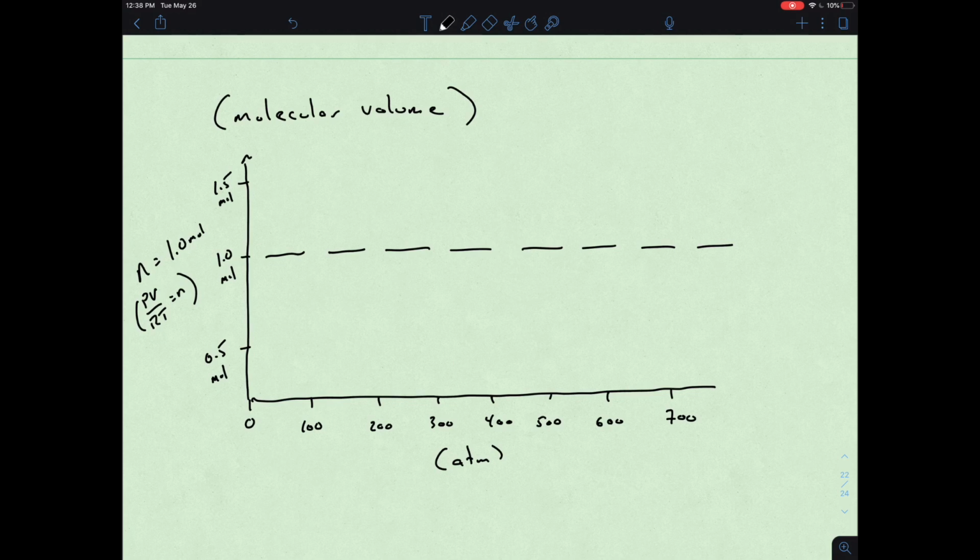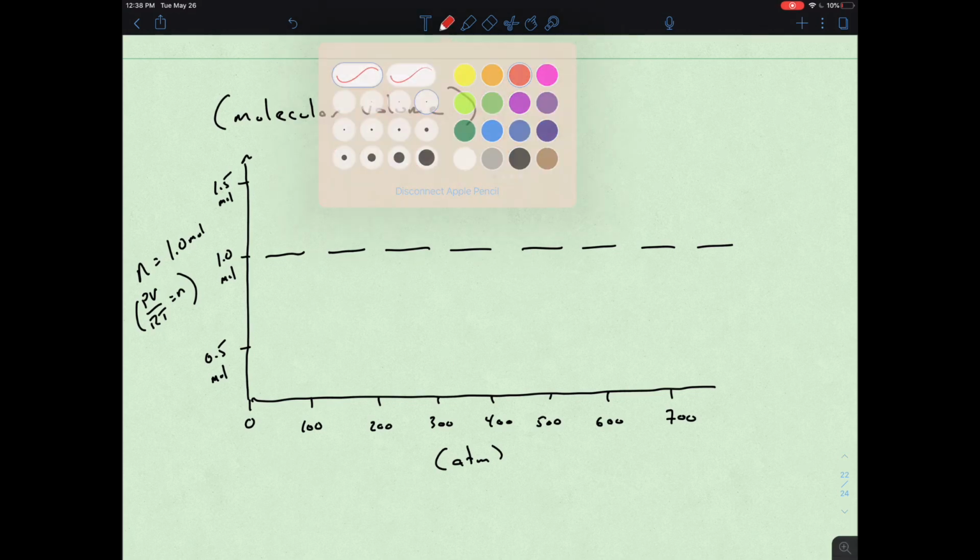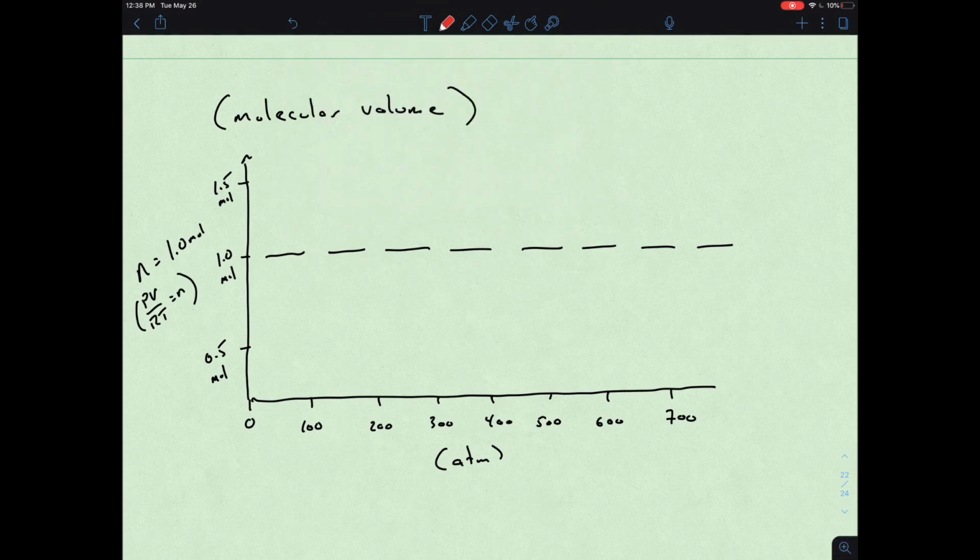And so what we find is that with certain molecules, it just depends on what we get, whether we have a positive deviation or a negative deviation. Here is helium, and helium has this type of positive deviation.